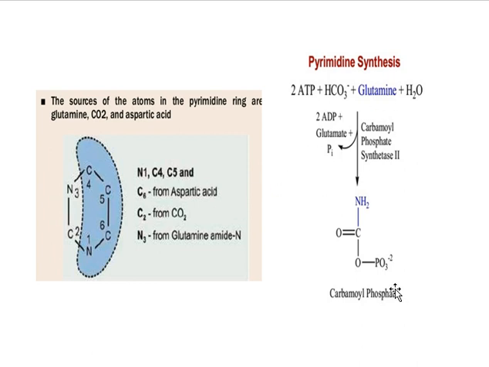This reaction shows the synthesis of carbamoyl phosphate. The carbon dioxide in the form of bicarbonate ions and glutamine, they react with each other in the presence of ATP. Thus, their reaction is catalyzed by the enzyme carbamoyl phosphate synthetase 2, and the product produced is the carbamoyl phosphate.